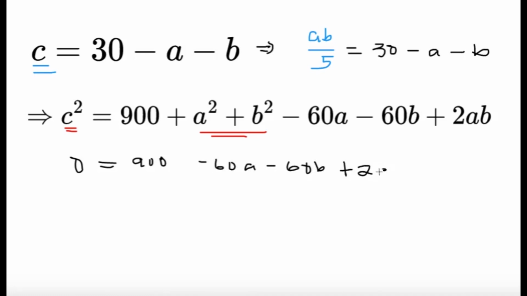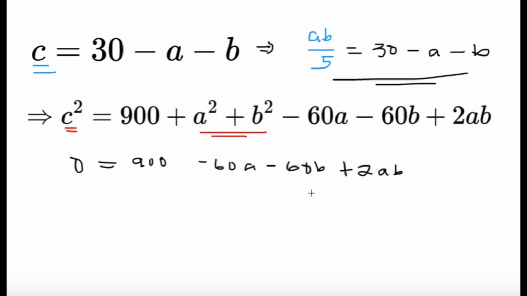Now, what do I do with this equation? Compare this with the other equation over here. We can try to solve for ab, because if I multiply 60 to both sides, I would have 30 times 60 minus 60a minus 60b. With the motivation that I have 60a and 60b here, I know things will cancel.